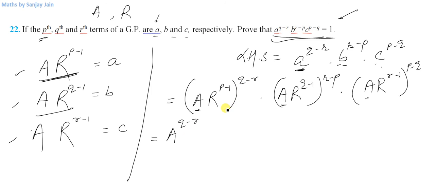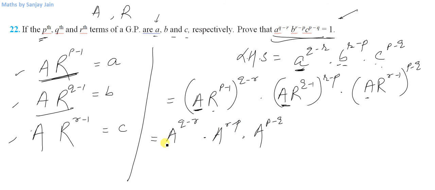So I'm writing this product. Okay, so A raised to power q minus r I will get from the first bracket. From the second I'll get A raised to power r minus p. From the third I'll get A raised to power p minus q. Forget about capital R for a moment, we will calculate that also.